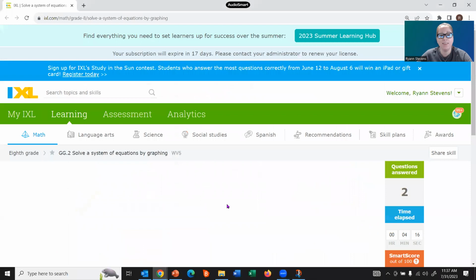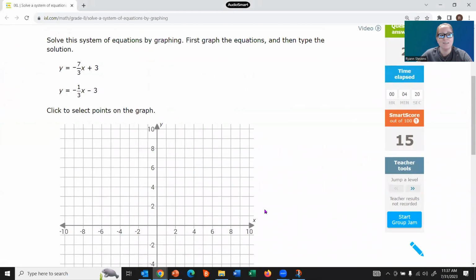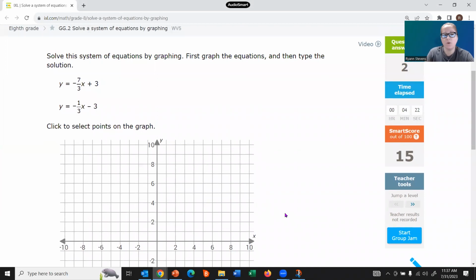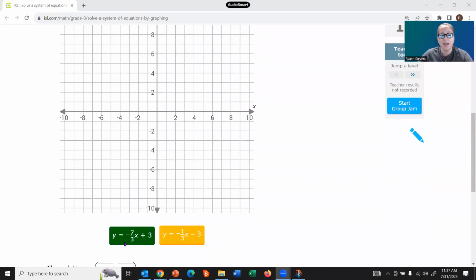All right, let's try another example of this with graphing. So we want to solve the system of equations by graphing, and so we have to look at each of these equations separately. And so I'm going to scroll down just a little bit so we can see the graph, and we can see that y equals -7/3 x plus 3 is in the green, and then y equals -1/3 x minus 3 is in the orange.